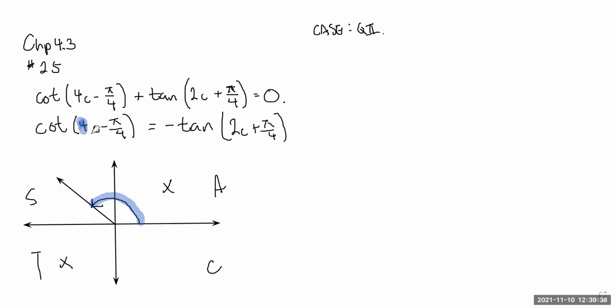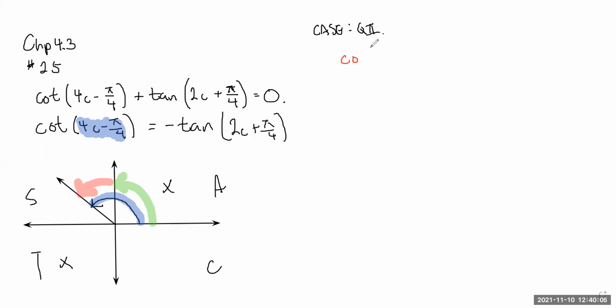This is 4c minus pi over 4, which is the blue arrow, and it is equal to a sum of pi over 2 with an extra little angle, and that's going to be my correlated angle. I'll explain in just a second.